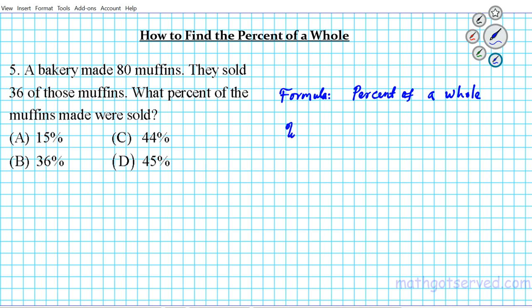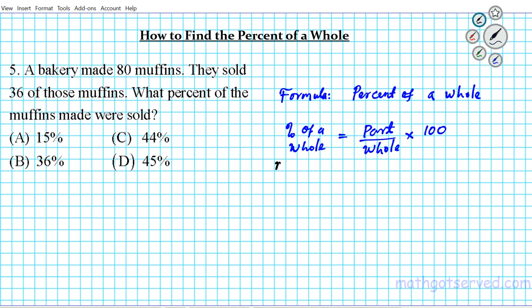To find the percent of a whole, you divide the part by the whole, either using long division, or you can just use reduction of fractions, and multiply your answer by 100. We're going to do this in two different ways for you to see, and whichever method you like, you can employ.